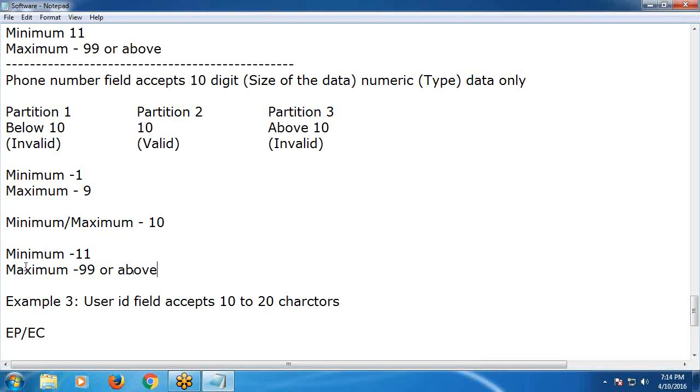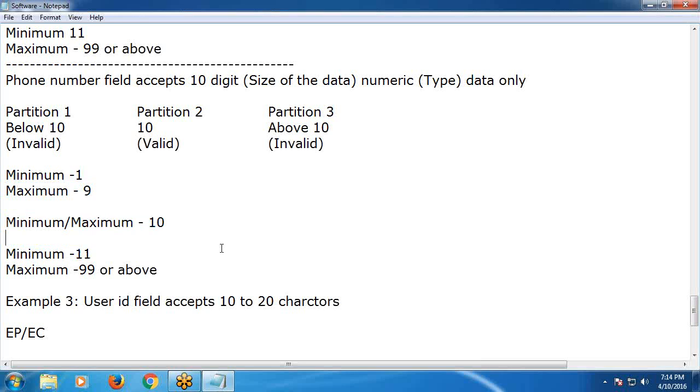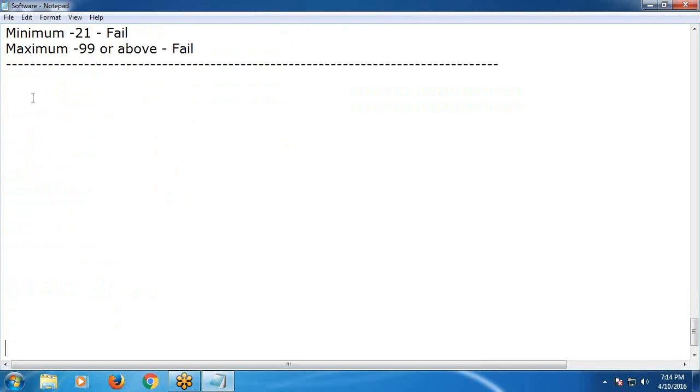These three are enough. Srilakshmi selected three. We covered below range, above range and regular range. Any queries, Krishna Chaitanya? No, sir.